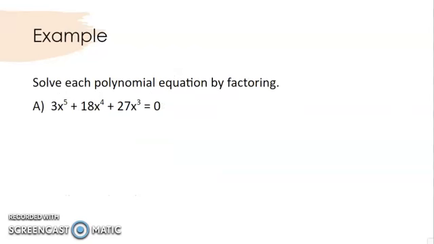So the first example I have for you is they've asked us to solve this equation by factoring. We've been given 3x to the 5th plus 18x to the 4th plus 27x cubed equals 0. So to solve this, we need to find the zeros of it. We're going to start out by looking to see if these terms have a GCF.